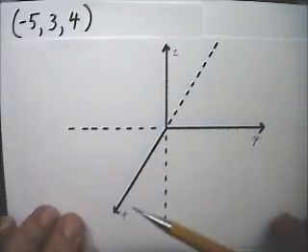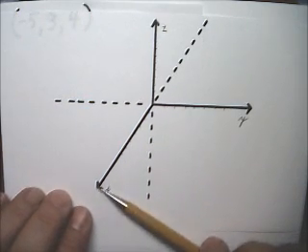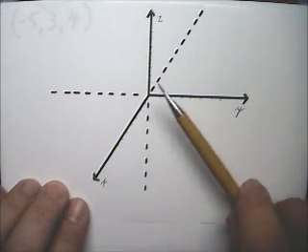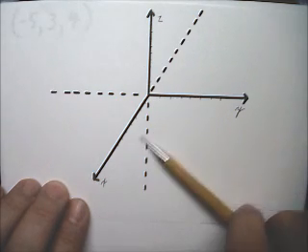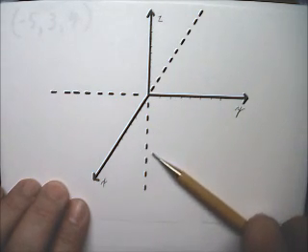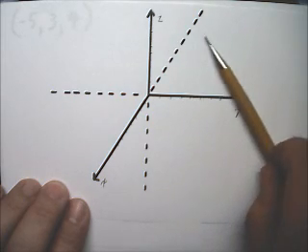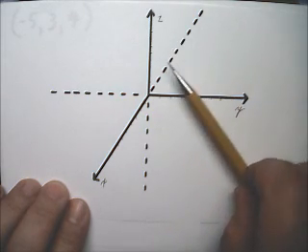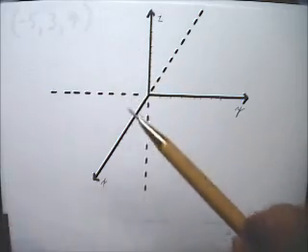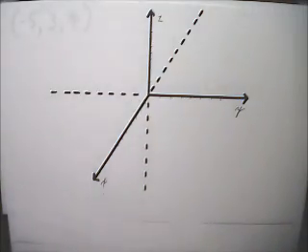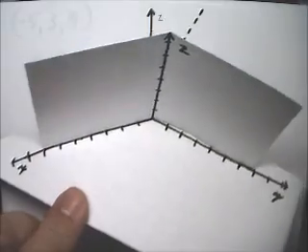So traditionally it's drawn like this, with the x-axis here, the y-axis here, and the z-axis coming up. You have to imagine the xy plane as being the floor, the zy plane being this wall to the right, and the xz plane being this wall to the left. Like this.